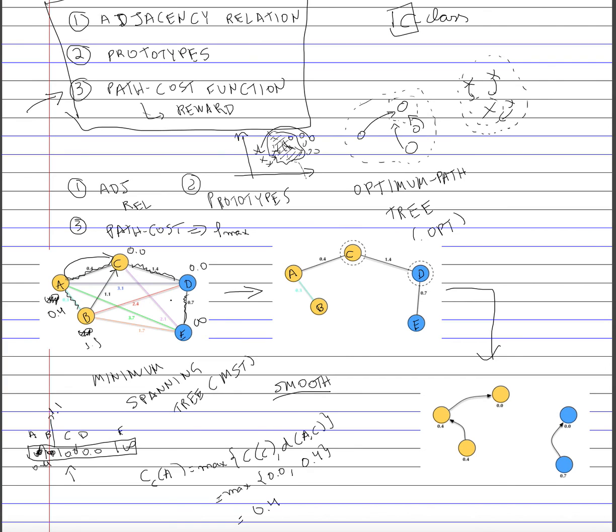And then C tries to conquer E, and C offers 2.1. That's much better than this one. And by now, sample E has been misclassified. But it's not a big deal because the training step is not finished yet.